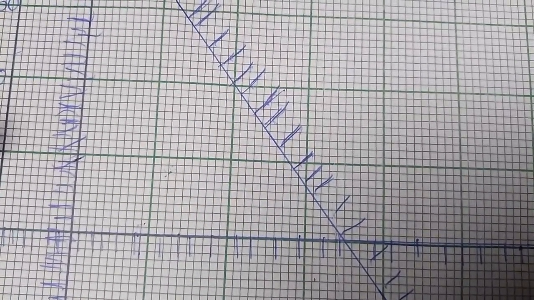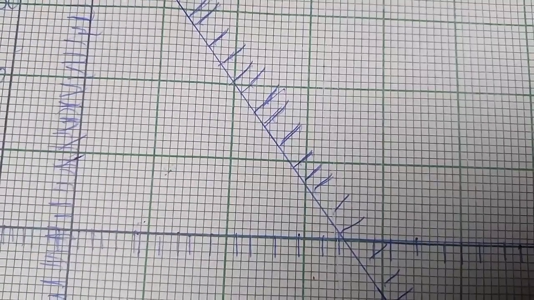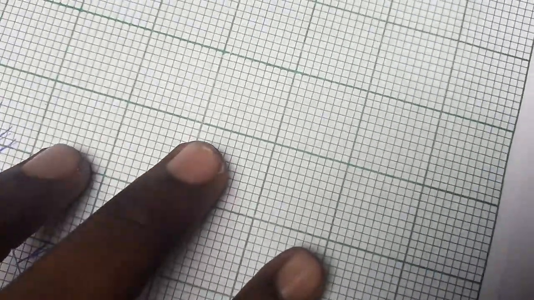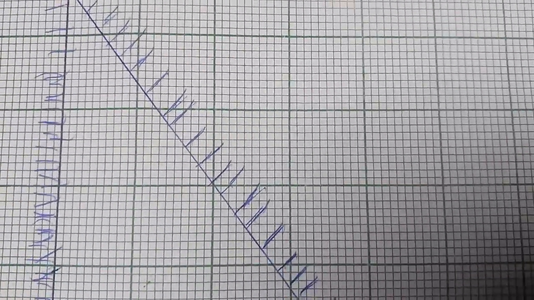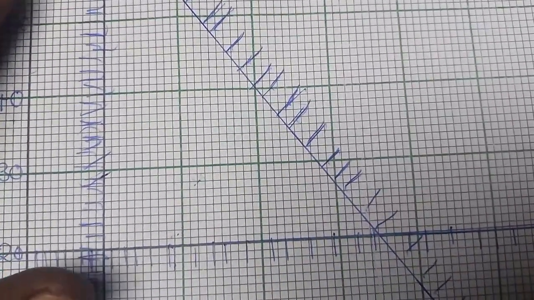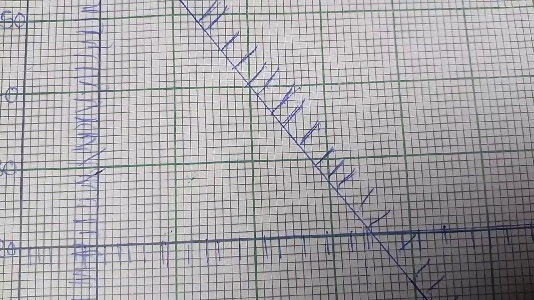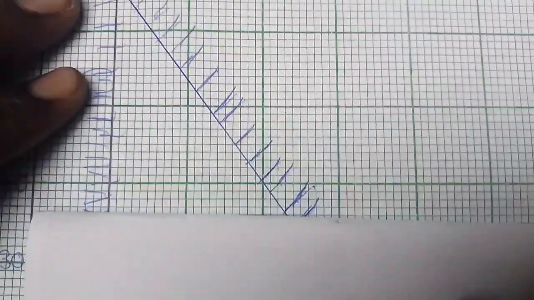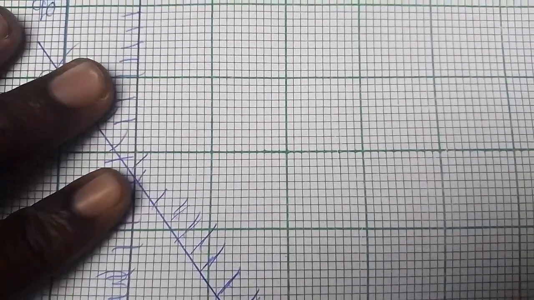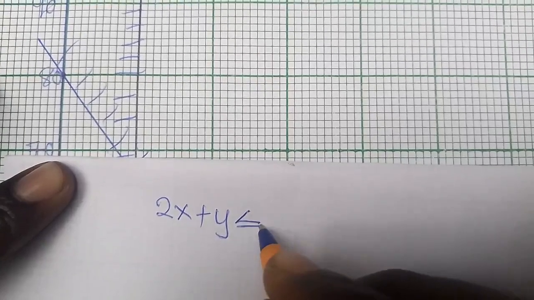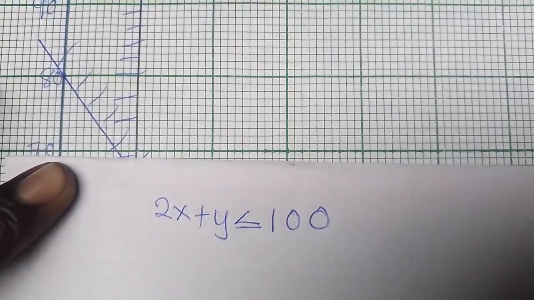So even the last one, how is the last inequality? Let me show you how to go about that inequality, how to do it. So this is the inequality. The inequality is 2x plus y less than or equal to 100.